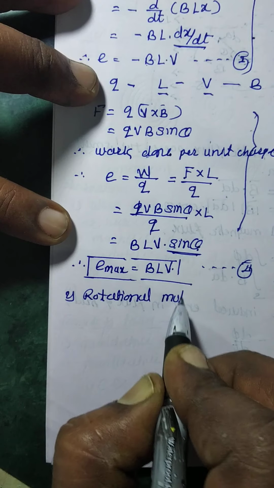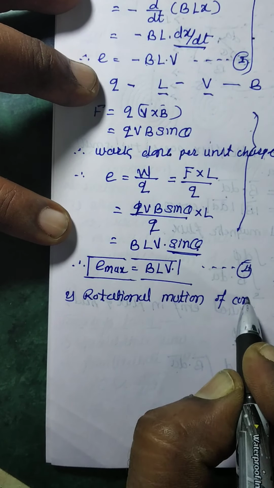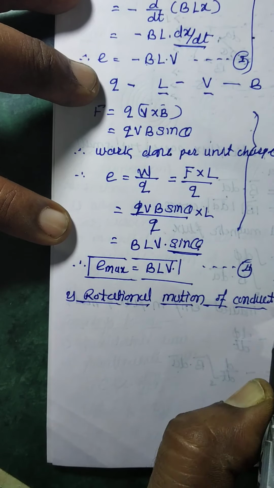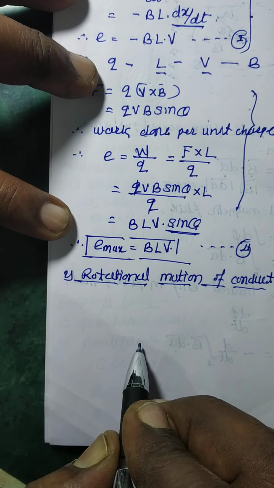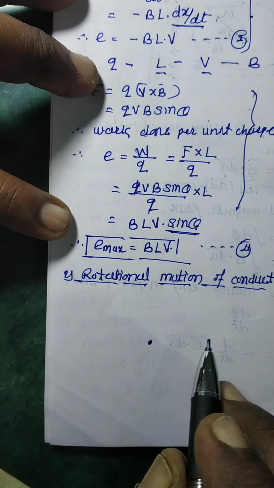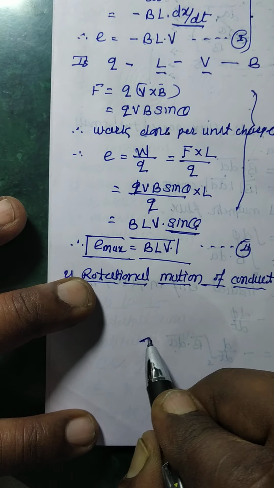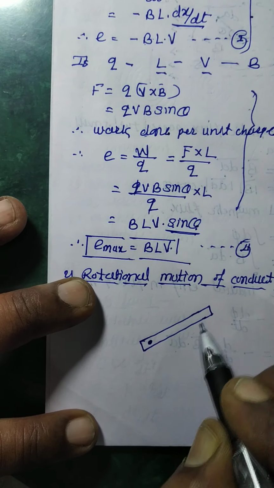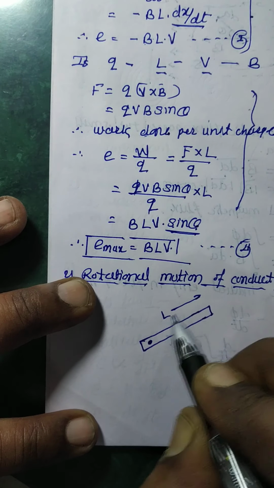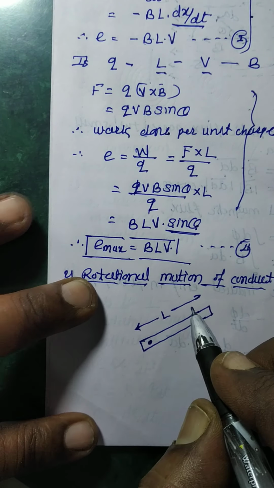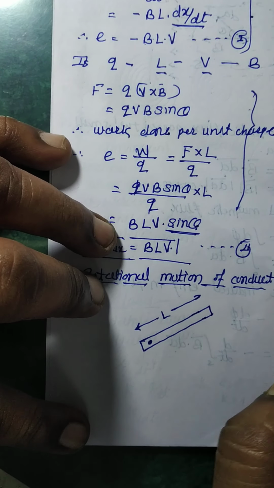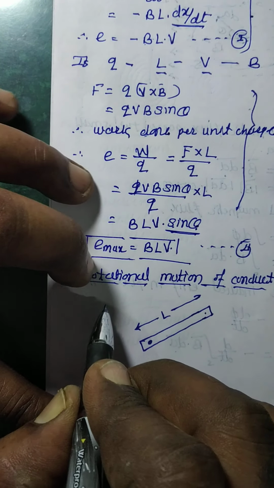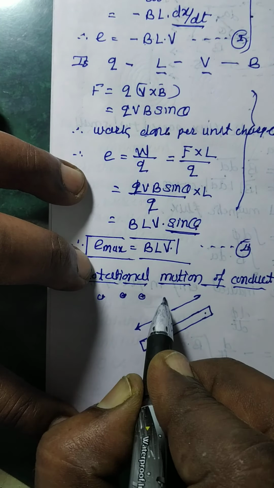Rotational motion of conductor. Suppose this one is a conductor of length L, rotating in a uniform magnetic field.